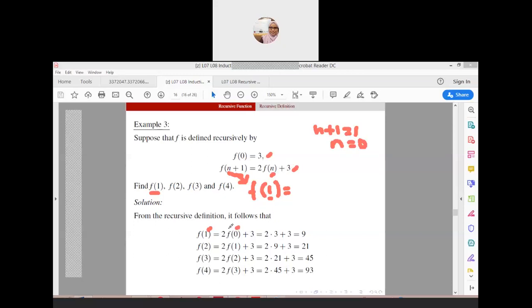How can we get the value of f(0)? We get f(0) from the initial value, f(0) is equal to 3. So now 2 times 3 plus 3 is equal to 9.